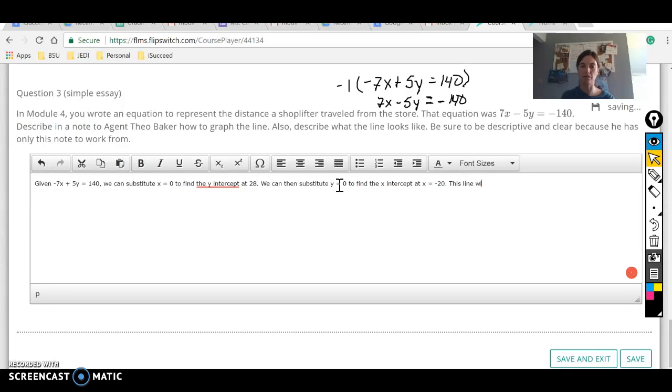This line will go through the points 0 and 28 and negative 20 and 0. It will have a slope of 7/5. And that is really all you need to write to get a great grade on this particular question.